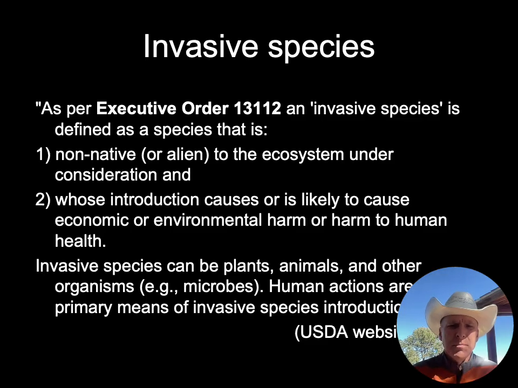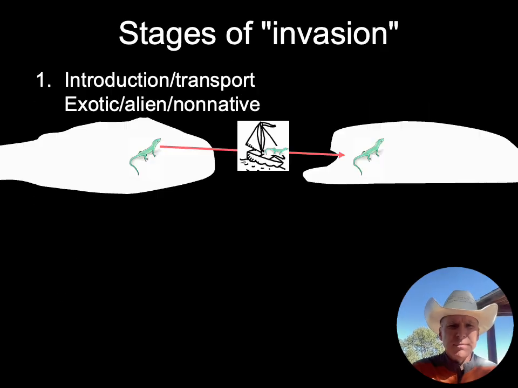What those terms mean is important also. Invasive species may be plants, animals, other organisms like microbes, and we are generally considering human actions either directly or indirectly to be responsible for this kind of translocation.